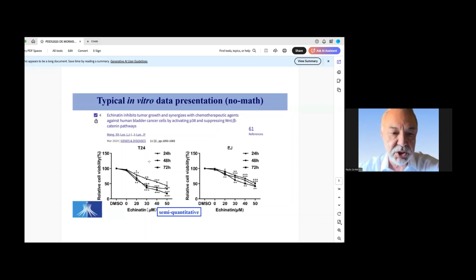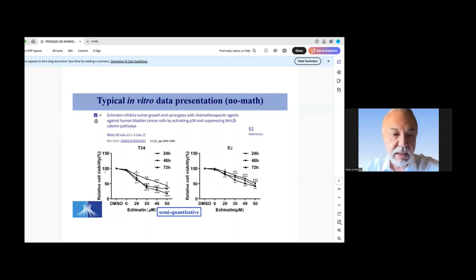This slide shows the cell viability assay using two tumor cell lines, the T24 and the EJ cell line. These two cell lines were actually tested against a chemotherapeutic agent, which is ecnatin.